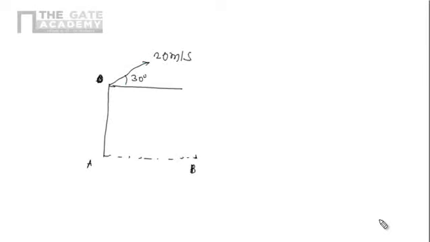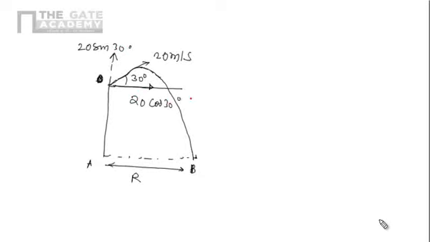Here the angle is 30 degree, and this ball comes here, and now we are interested in this value. So we know the component here is 20 sine 30 degree, and the component here is 20 cos 30 degree.